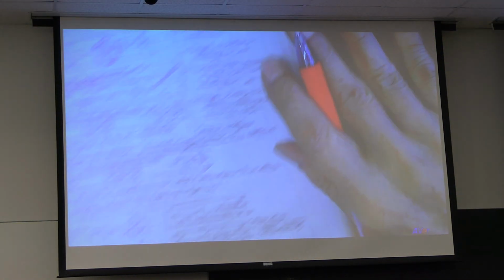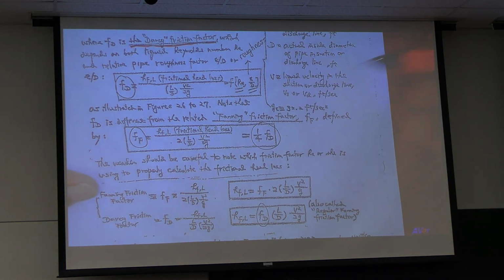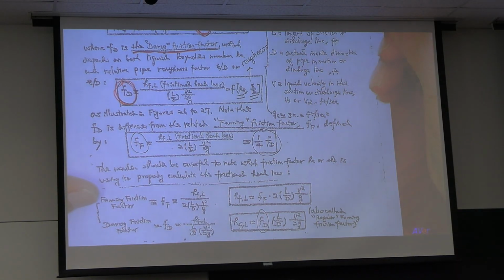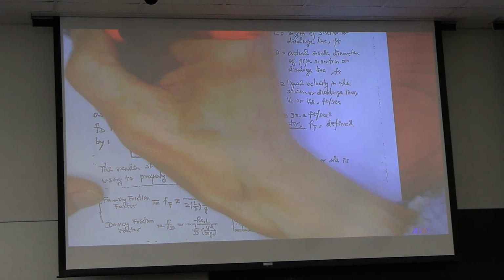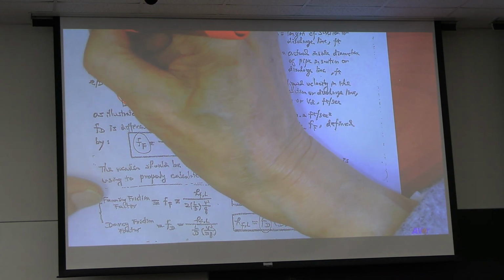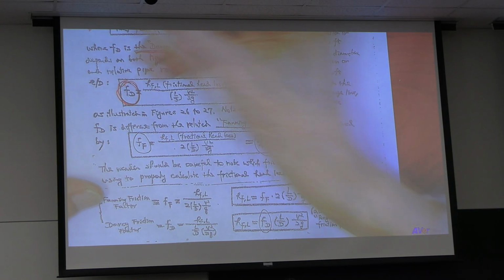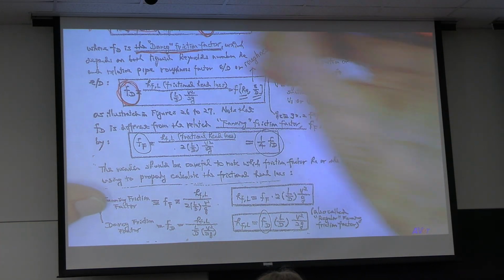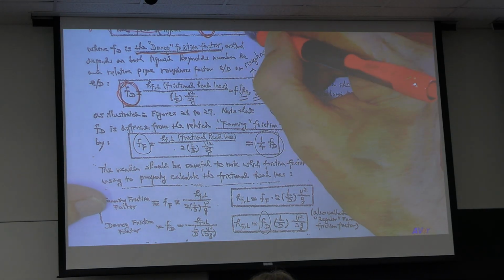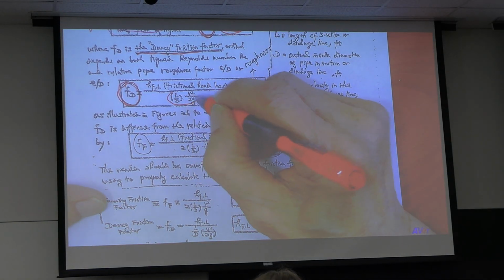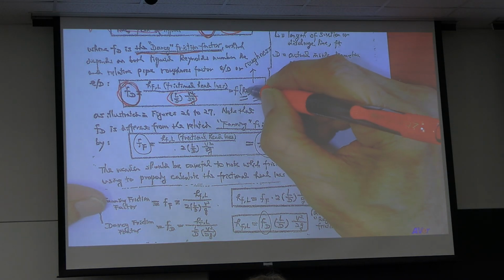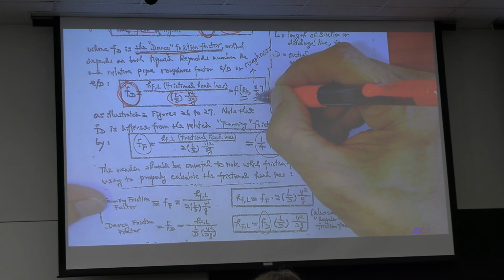Now, the Darcy friction factor is the friction head loss on the left hand side divided by L over D times V squared over 2g. It is a function of Reynolds number and roughness, epsilon divided by D. Page 316.